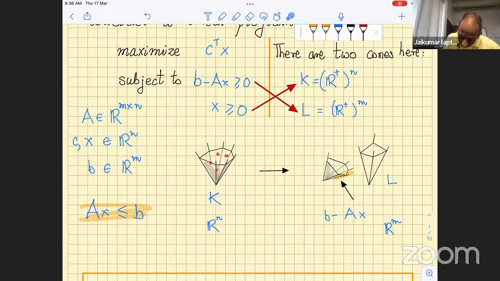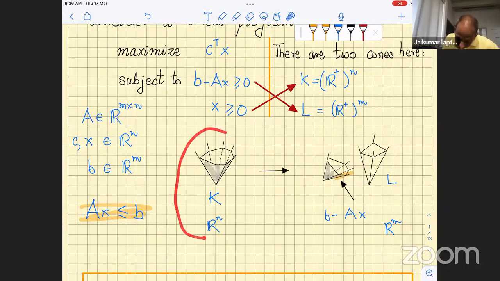We are trying to find an x here which optimizes this, but that's not all. For an x to qualify as feasible, we compute for that x this affine form B minus AX. It gives you a vector of length m, because A is an m cross n matrix and B is also a vector of length m.